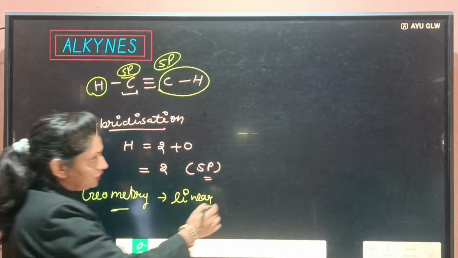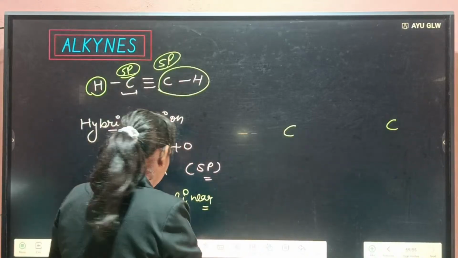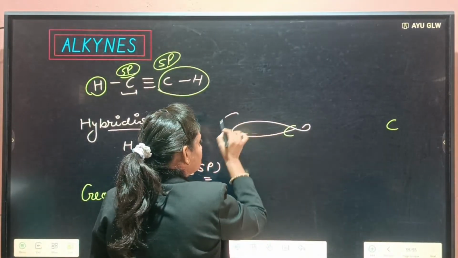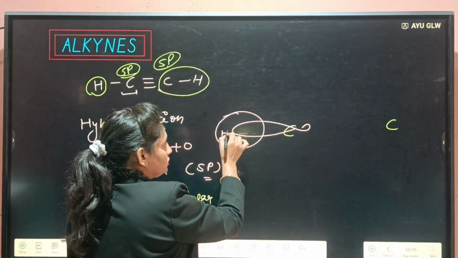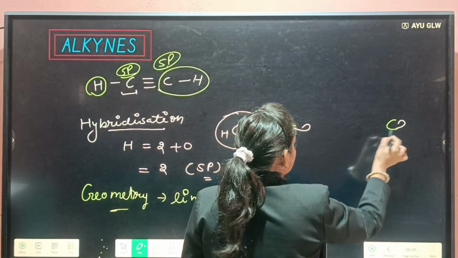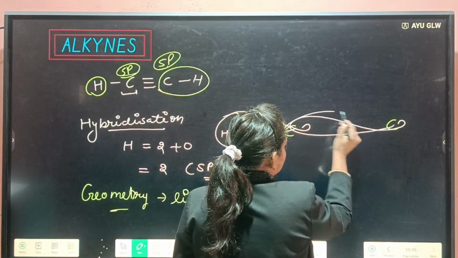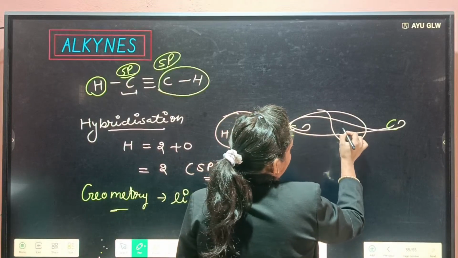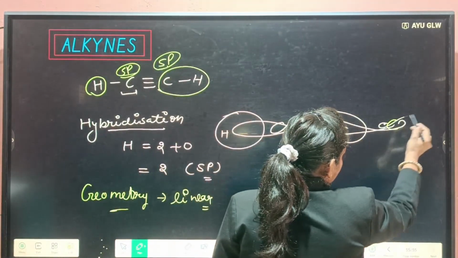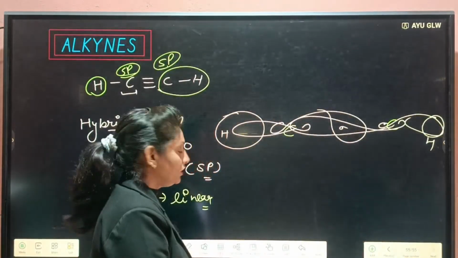Linear. Here, this one carbon is forming one sigma bond with this hydrogen and one sigma bond with this carbon. Then students, this one also making one sigma bond with this hydrogen, one with this carbon.